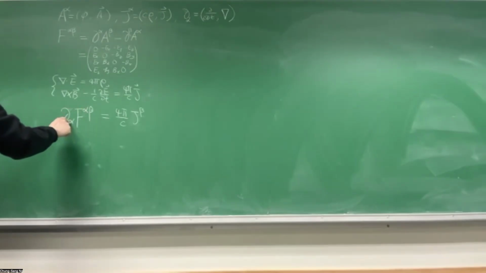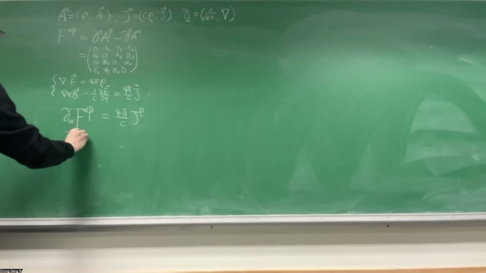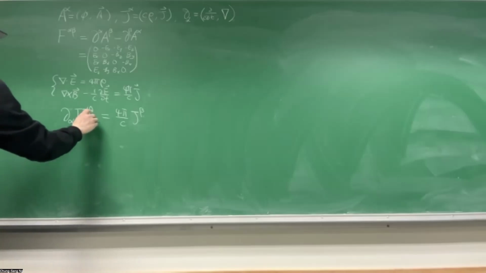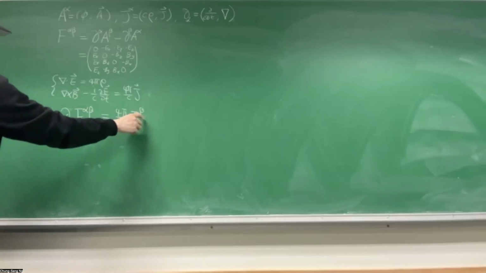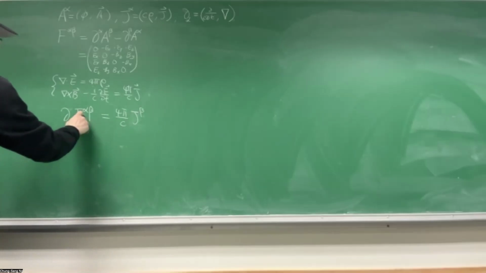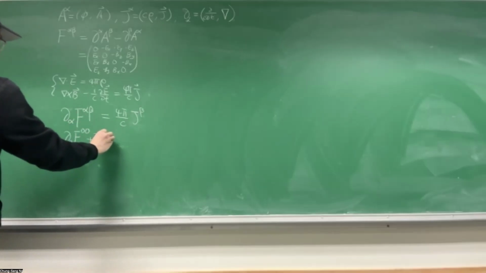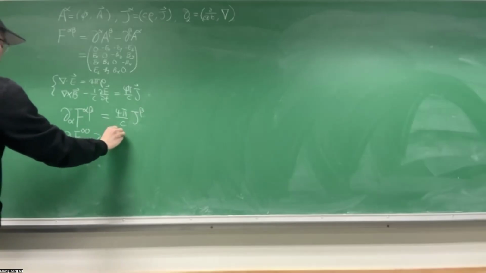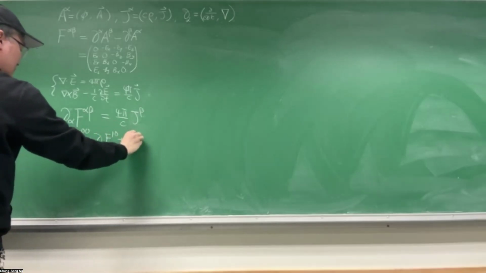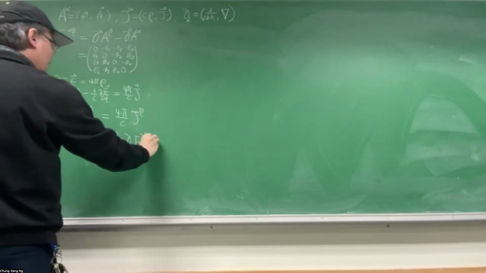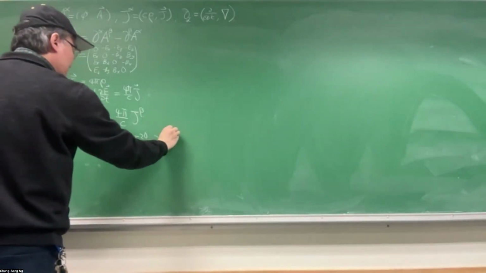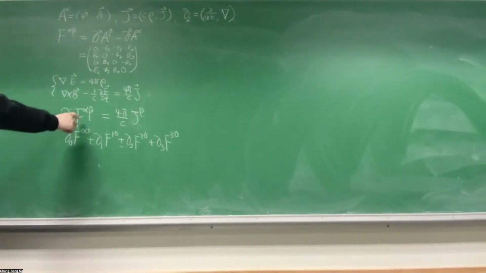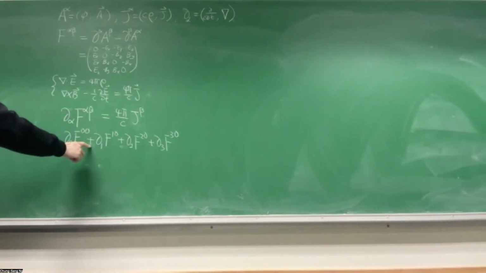So alpha can be 0, 1, 2, 3. So you have to check, basically, partial 0 F 0 0, if beta is 0. We check whether this is true, plus also partial 1 F 1 0, plus partial 2 F 2 0, plus partial 3 F 3 0. Right, this is just writing it out explicitly.